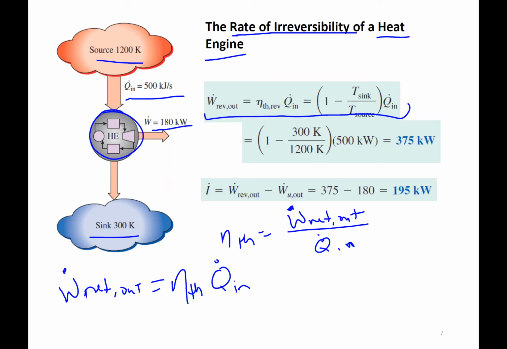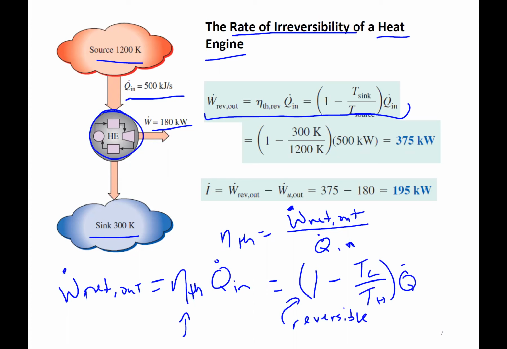Well, now if it's reversible, the most we can get out, we have an equation for the thermal efficiency of that, and that's where we have our 1 minus TL over TH, the reversible heat engine times Q dot in, right? So now we've basically derived our equation right here.